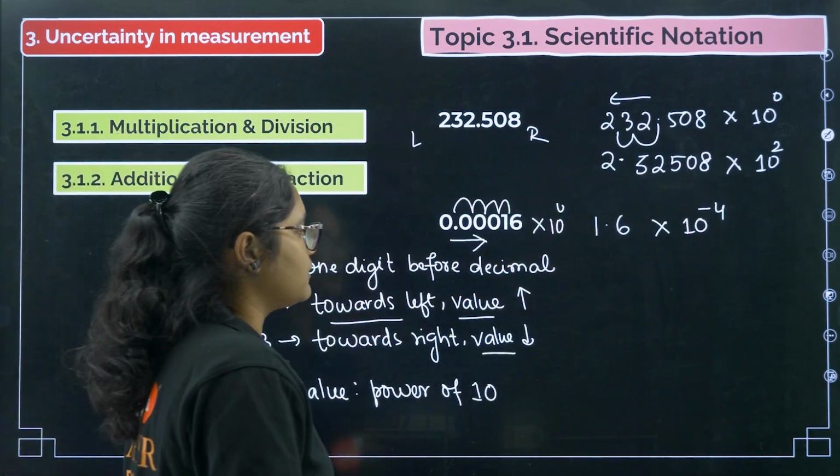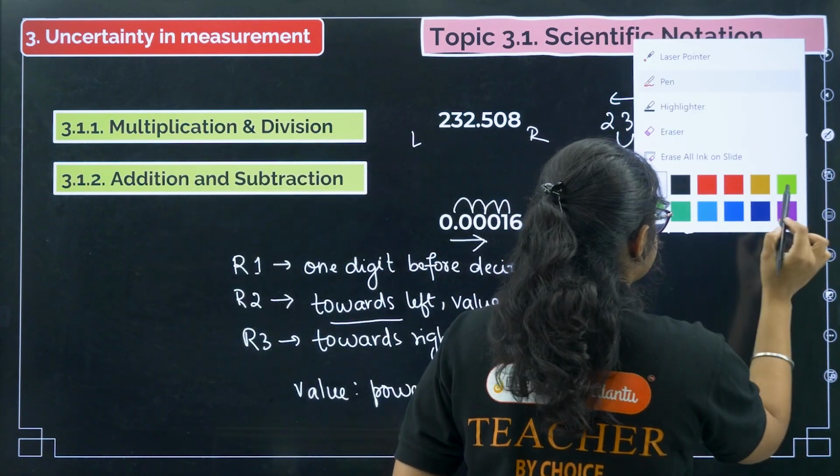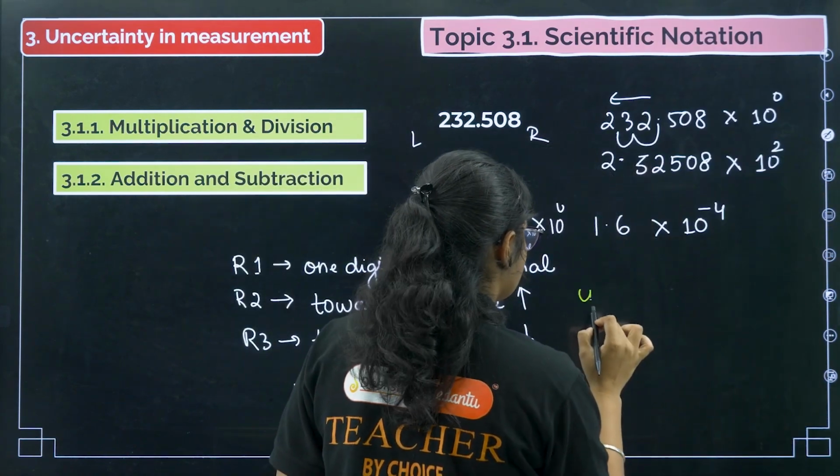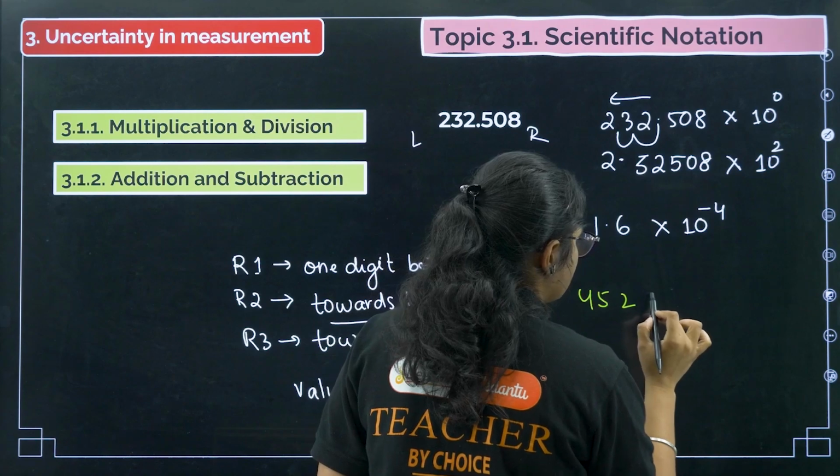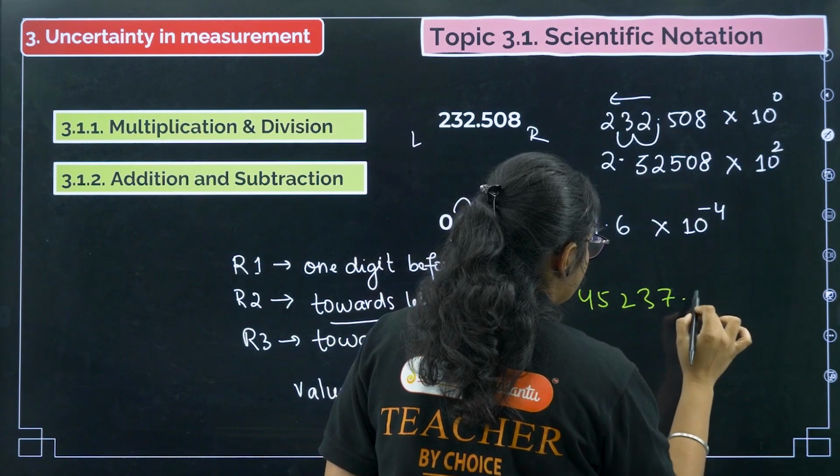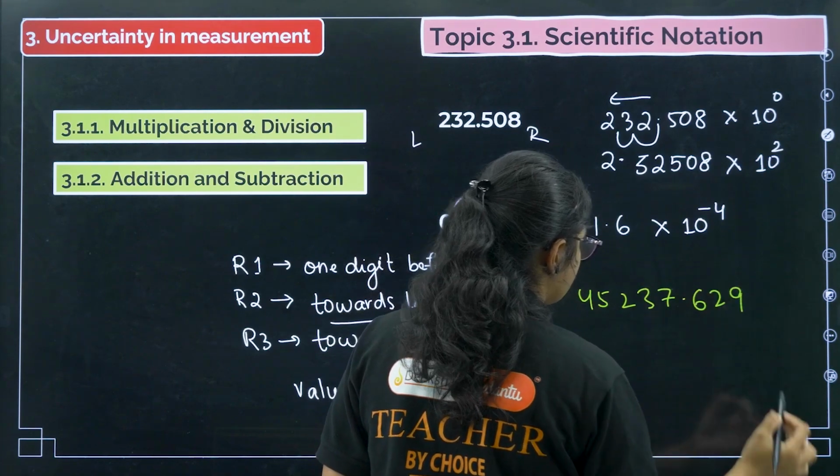Now let me take one more example. Suppose you have 4 5 2 3 7 6 2 9, just a number.